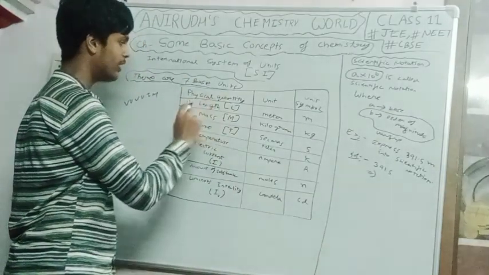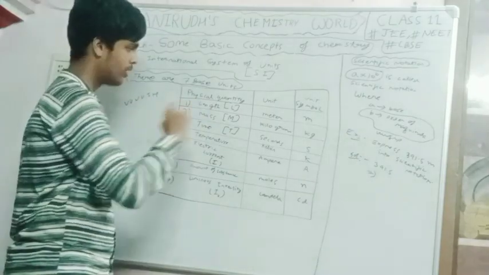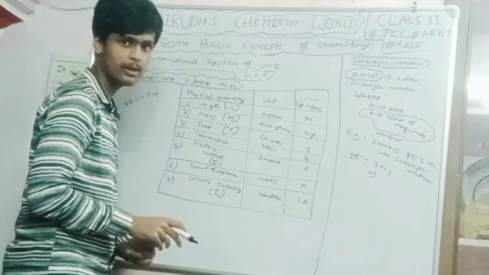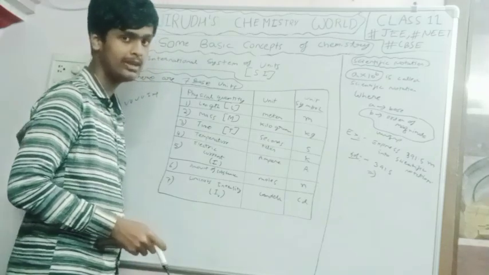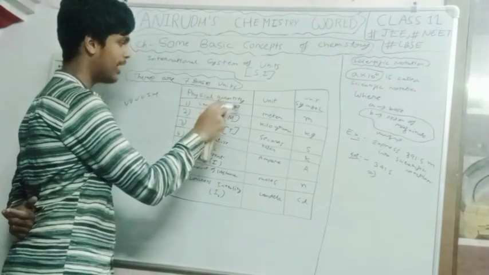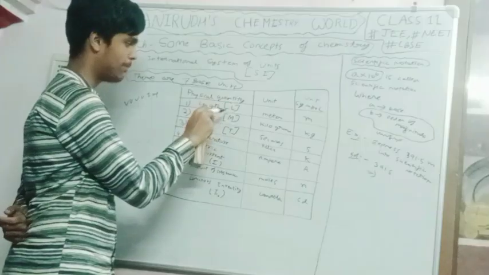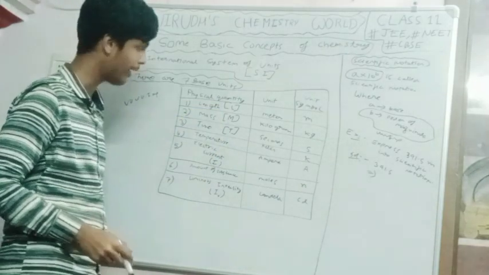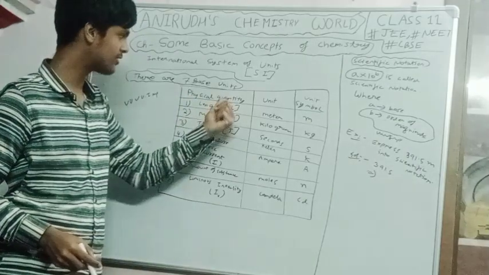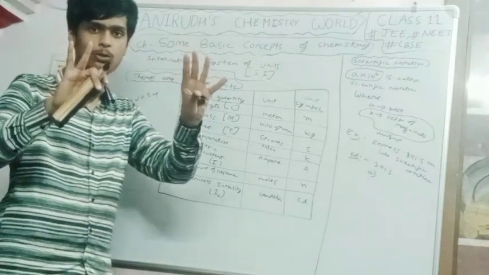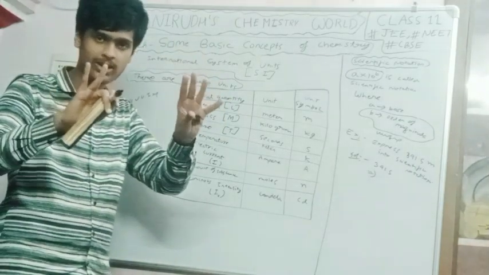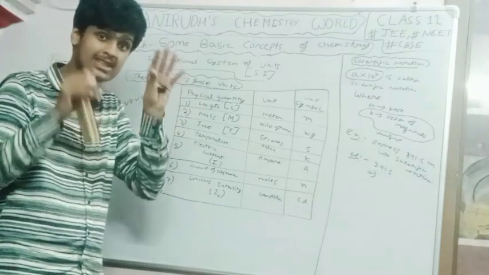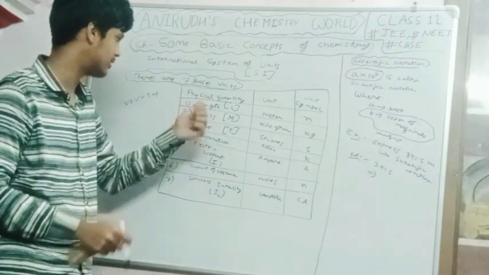In physics you might have length, mass and time dimensions: length dimension is capital L, mass dimension is capital M, and time dimension is capital T. For these 7 fundamental or base physical quantities, you will have 7 SI units.